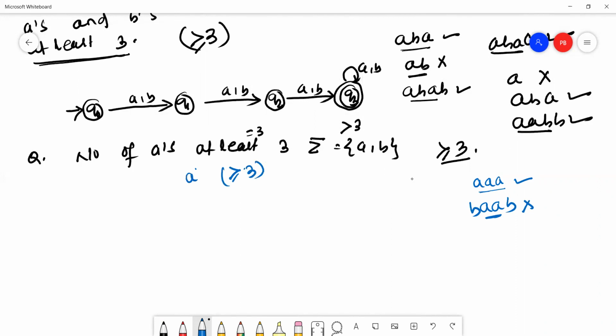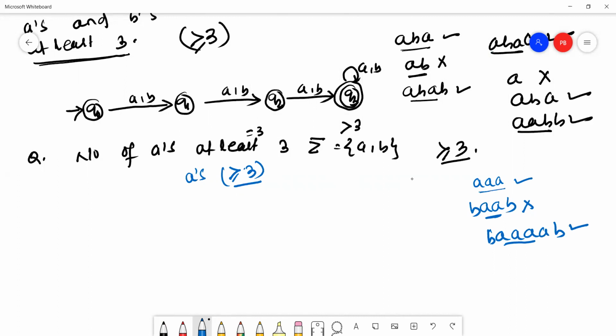Suppose A, A, B, A: it is valid because the number of A's is at least 3.